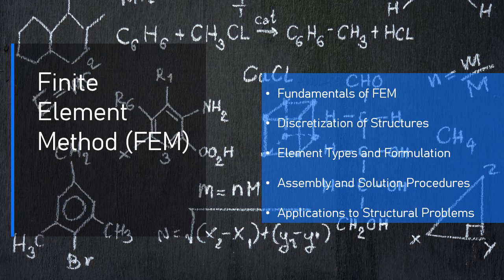1. Solving for displacements. To find the displacements, we need to solve the system of linear equations, U equals K inverse F. However, for large and complex systems, directly inverting K is computationally expensive. Instead, numerical methods are typically used to solve this system.